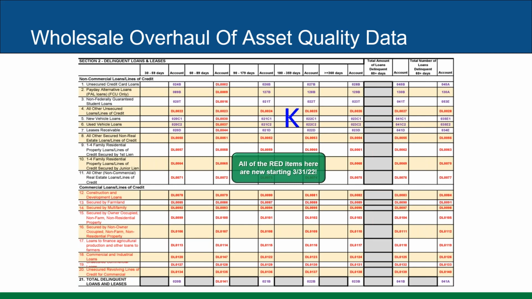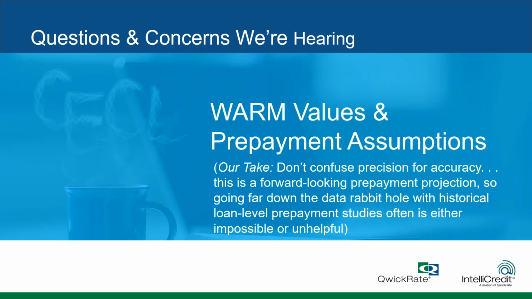On the next slide, I wanted to point out a little bit more detail on WARM values and prepayment assumptions. So in order to get the ball rolling for CECL, I mentioned that you have to have some WARM estimates, right? But that's, of course, the most labor and time intensive part of the whole process, using the loan level data to get your WARM estimates.